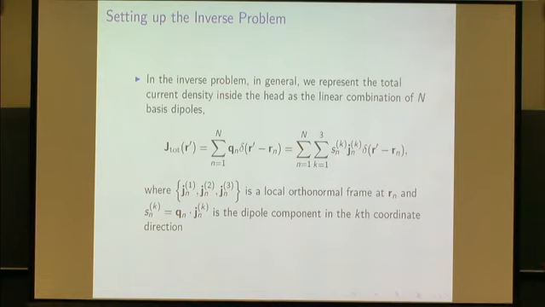So you get this sort of discretization of your current, and then you plug this total current into your Biot-Savart law, which then discretizes your integral into a finite sum of the dipole responses.